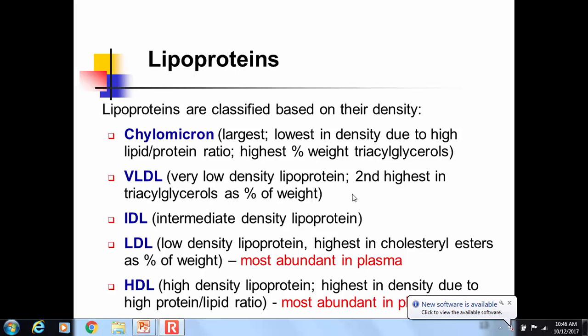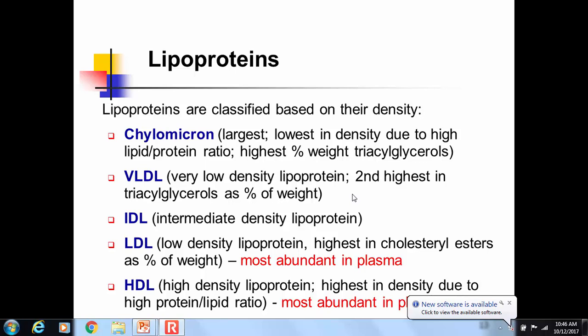And we also started to talk about lipoproteins. There are different types of lipoproteins in our body. What are the main functions of lipoproteins? Why do we need lipoproteins? To help transport lipids between tissues, right?